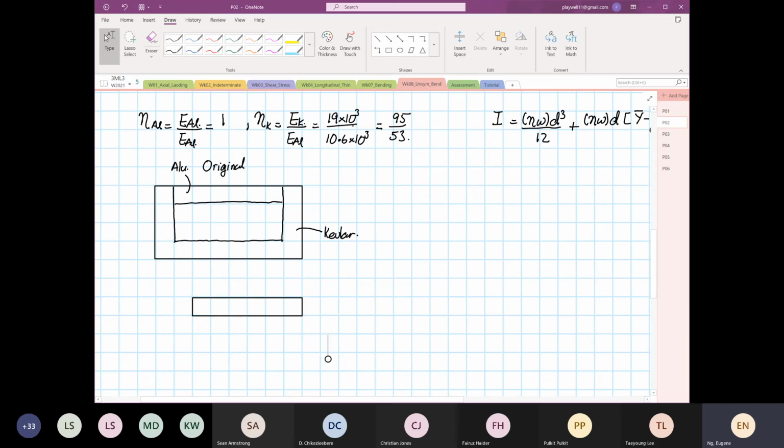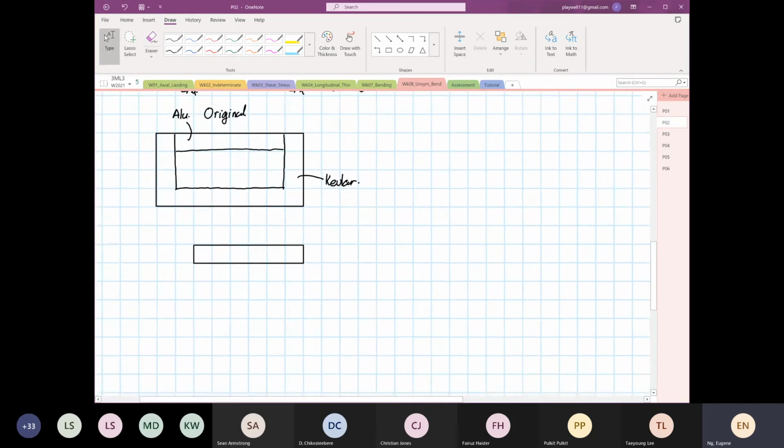So now we decide to make the material out of what? Kevlar, right? So what will change is the what? The height did not change. I repeat it, the width, right? In fact, I should have put this over here so you all can refer better. So now what changes is the width, right?